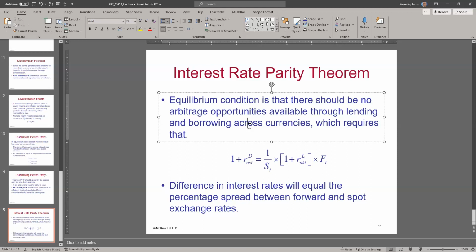You're going to lend it out at 8%. And then when you collect your 8% in dollars, the foreign exchange rate is going to adjust to that difference. And when you convert it back to pounds to pay back, the exchange rate is going to work against you. So if the interest rate was in your favor, the exchange rate is going to be against you, to where you didn't really make any money.